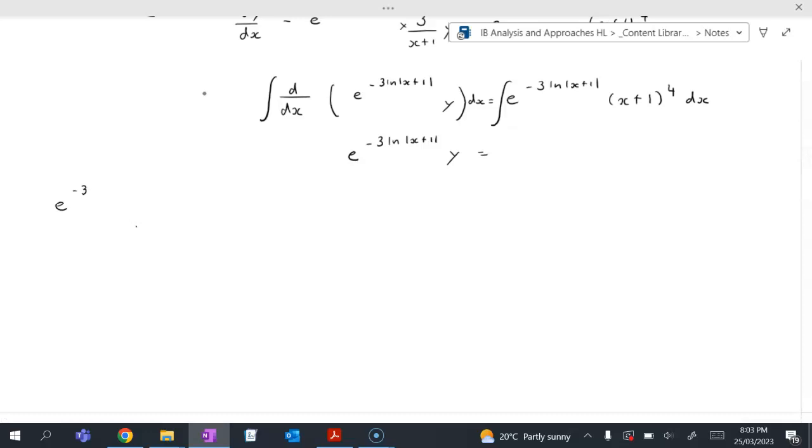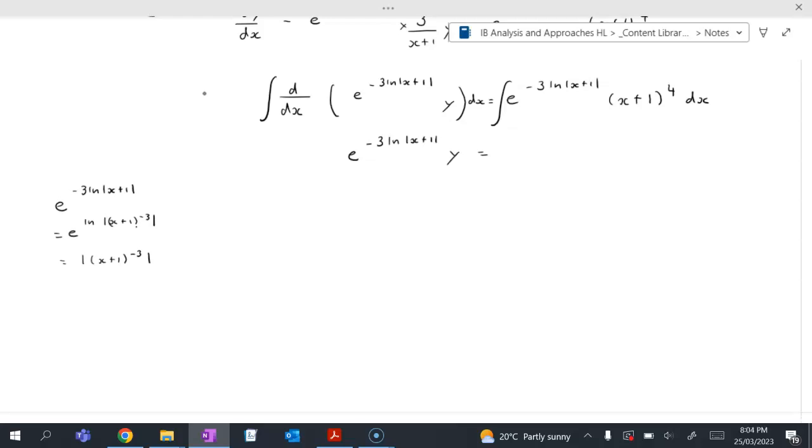e to the negative 3 ln modulus of x plus 1 is equal to e to the ln x plus 1 to the power of minus 3. And the e and the ln cancel, so I just get the modulus of x plus 1 to the minus 3.